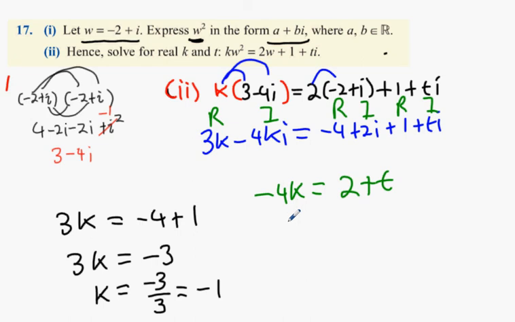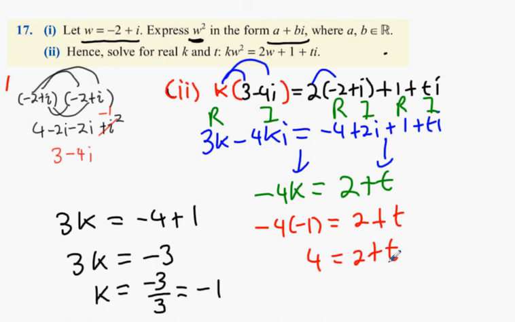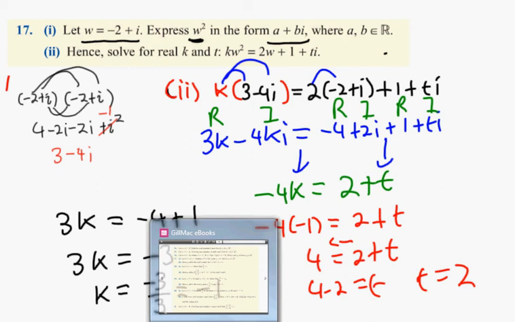Which letter do we already know the value of, k or t? K. What is the value of k? Minus 1. And then minus 4 times minus 1 is 4, so 4 equals 2 plus t. Bring the 2 over to the other side: 4 minus 2 equals t. T equals 2. Questions 15 and 17 done there.